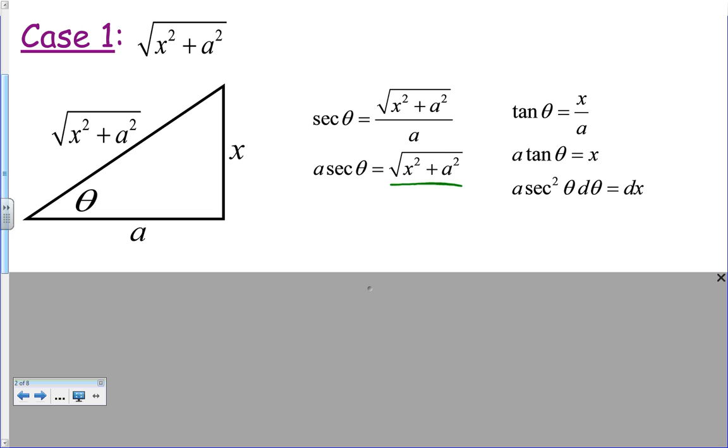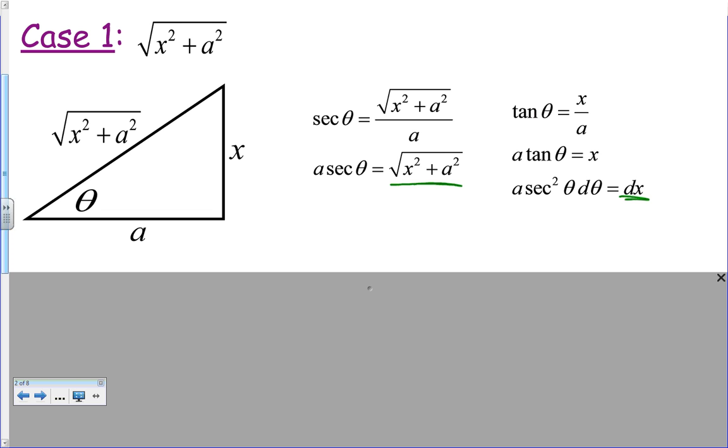Then if you were to take the differential of both sides of that, you'd end up with the derivative of a times the tangent of theta, which is a times the secant squared of theta times d theta. And on the right side, you'd have dx. And so now I would have a substitution for dx. Those are the two basic components that I need. I need a substitution for that square root of x squared plus a squared, and I need a substitution for dx. And I have it now in terms of theta.